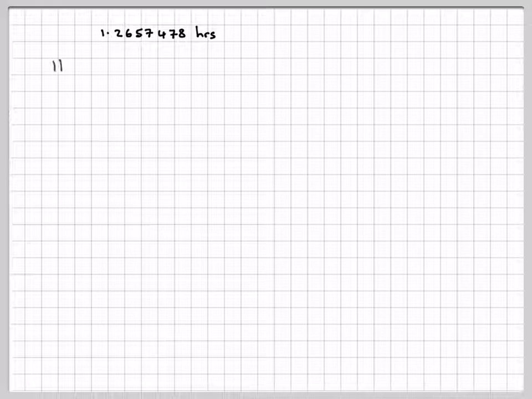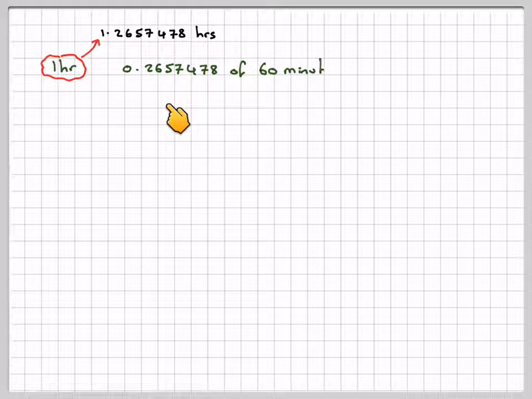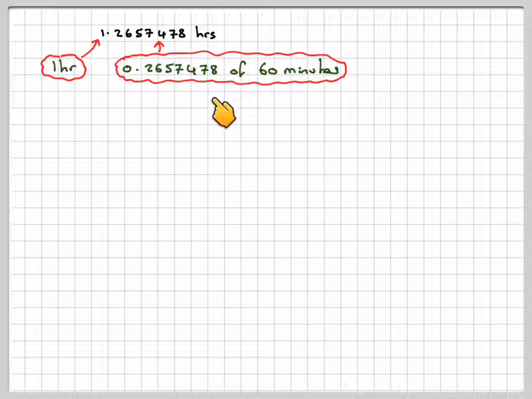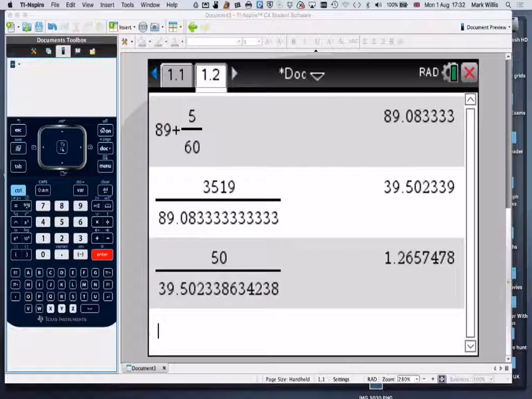Now, that unfortunately is 1 hour and 0.2657478 of 60 minutes. We need to convert this bit here into minutes. So how we do that, if we go to our GDC again, going to press answer, and then do times 60.